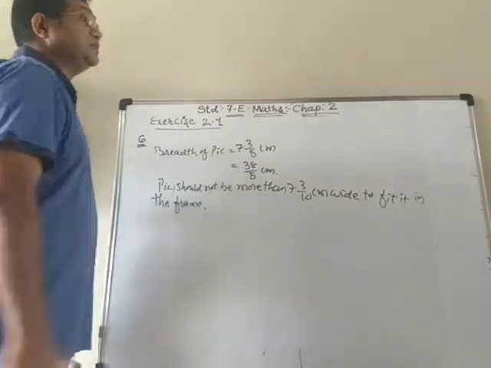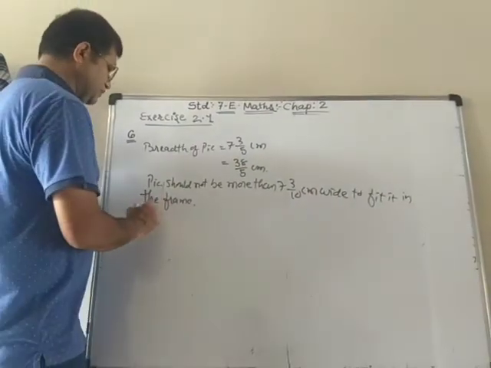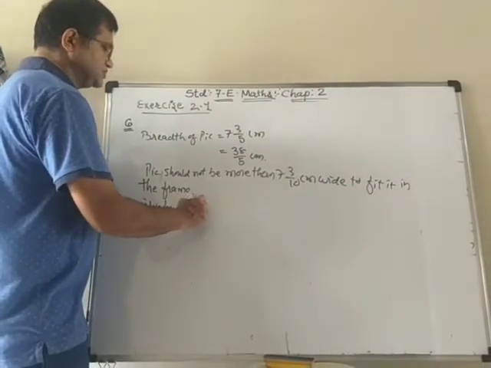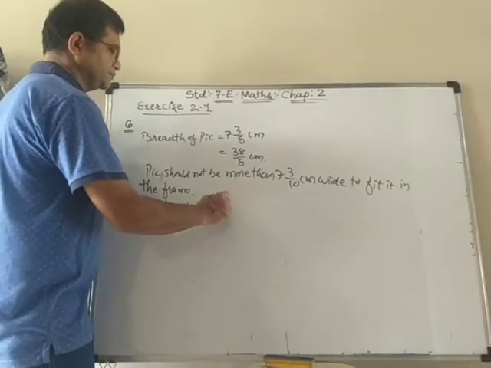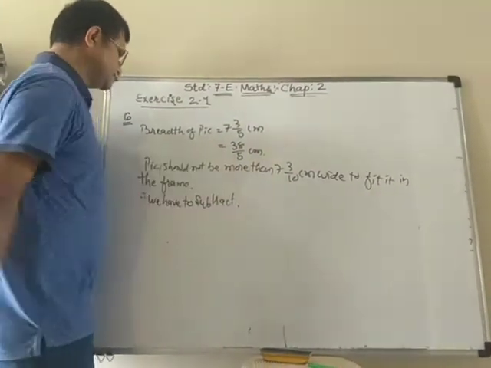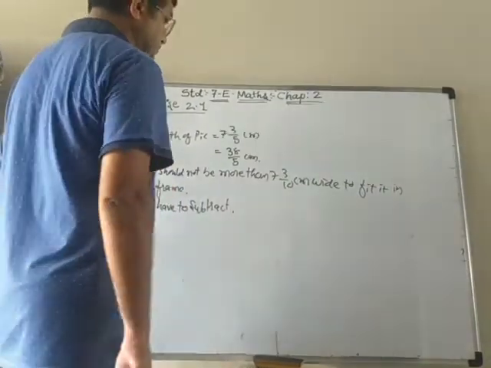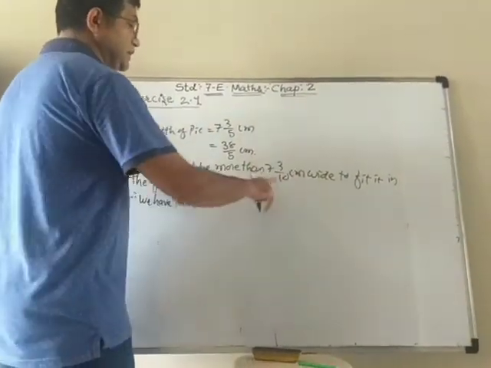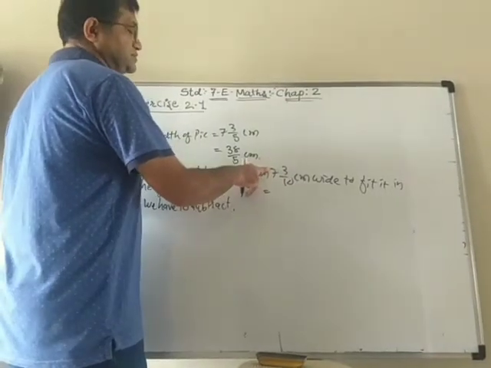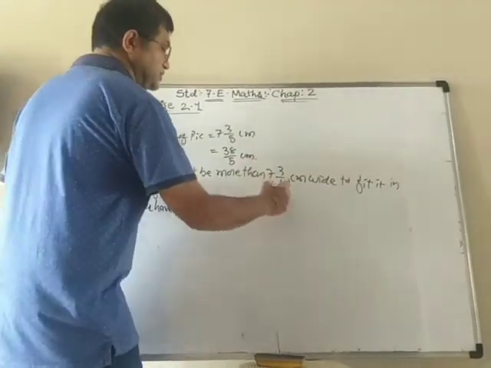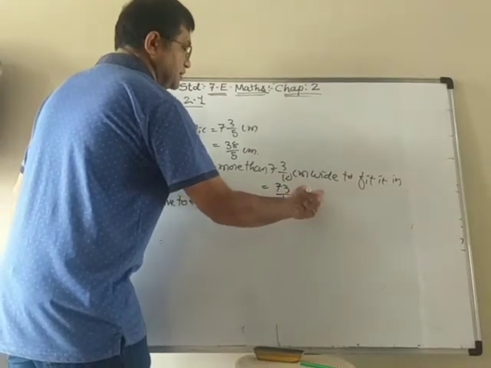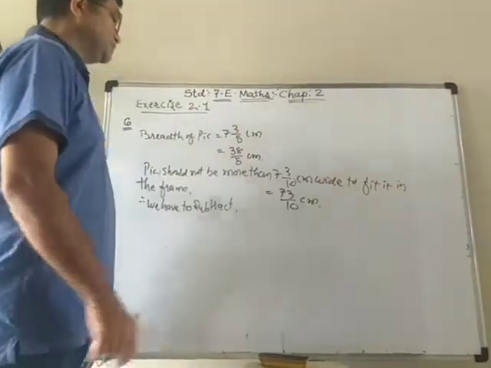So we have to trim it. Therefore we have to subtract. So what do we have to subtract? But here also first we have to convert it. 10 7s are 70 plus 3, 73 upon 10 centimeter.